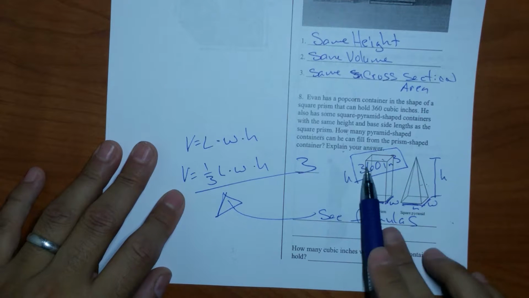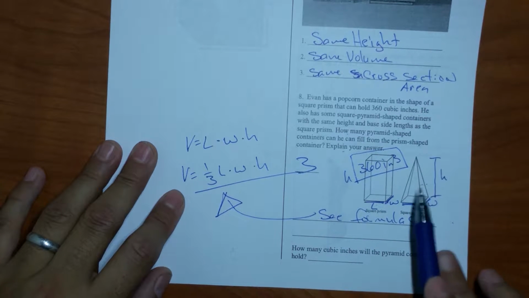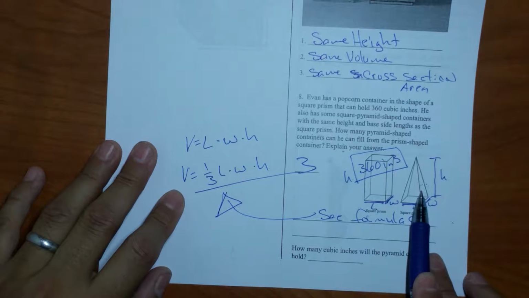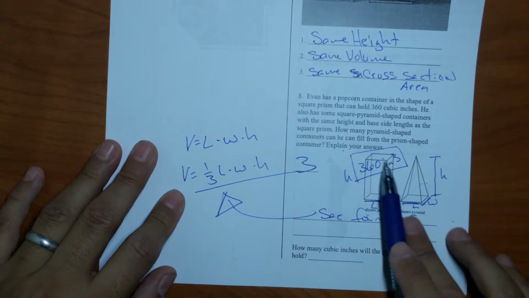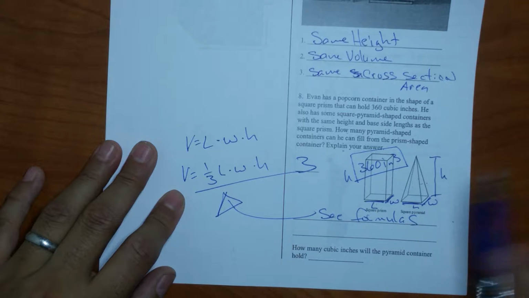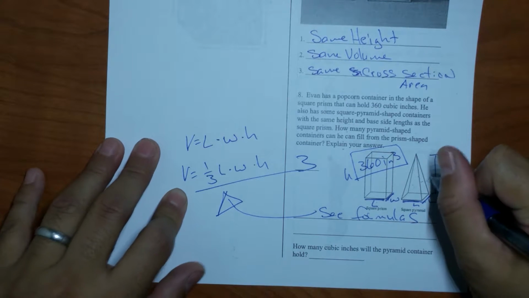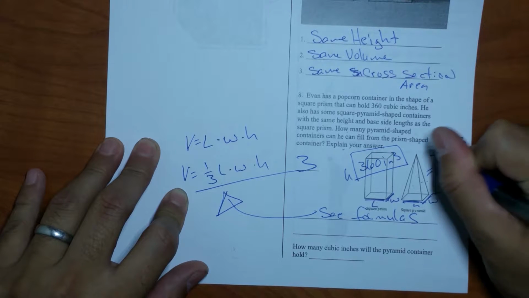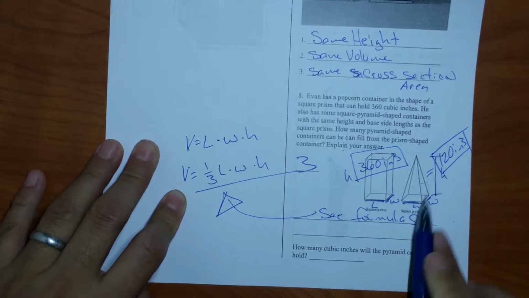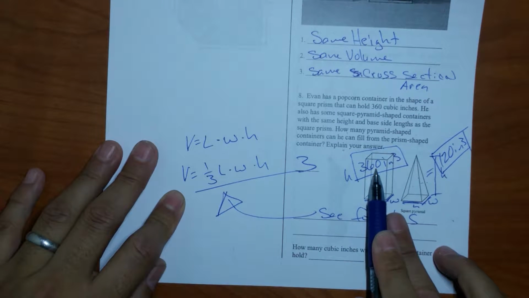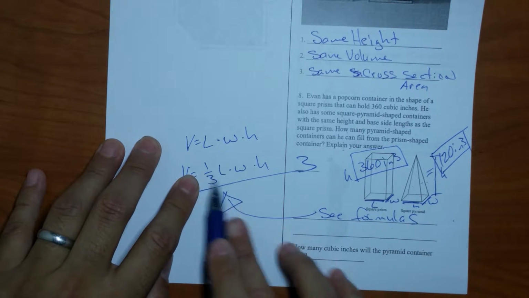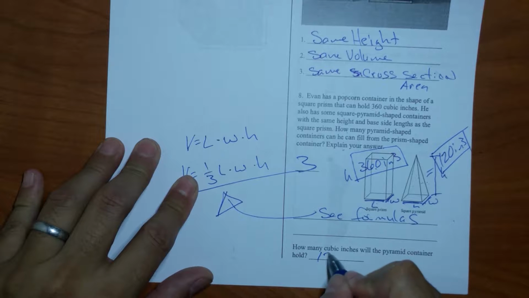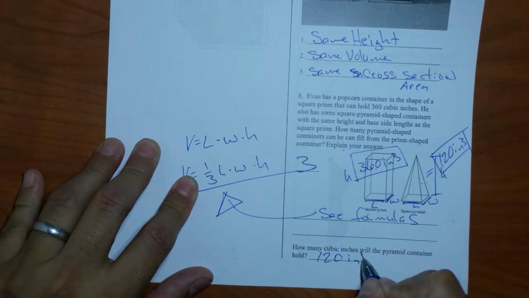If the volume is 360 here, I would take this volume and divide that by 3. So, 120 inches cubed, because I took this volume and divided by 3, because that's what I have to do with my pyramids and cones. So 120 inches cubed.